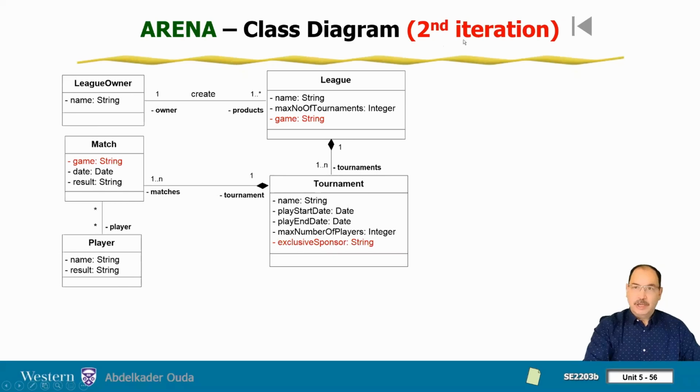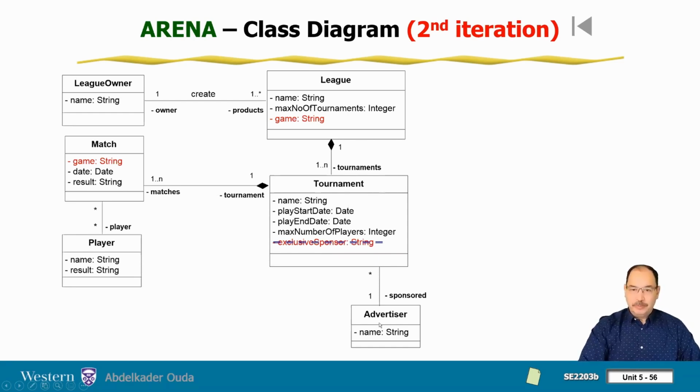Okay, now I say I am in iteration 2. I'm going to add the advertiser here. And this advertiser is going to sponsor tournaments. That means this tournament is sponsored by this particular advertiser. Remember, I added advertiser exclusive sponsor as a string.